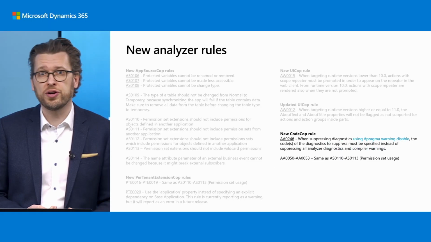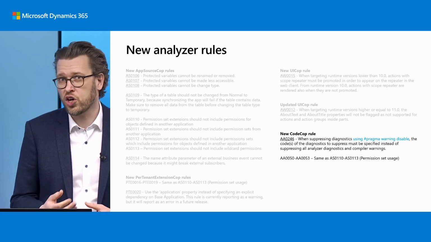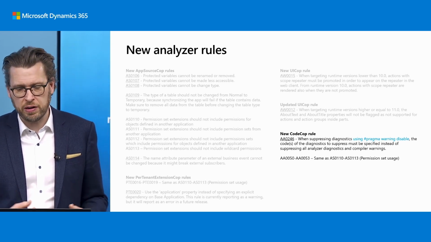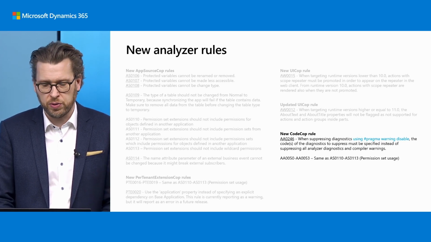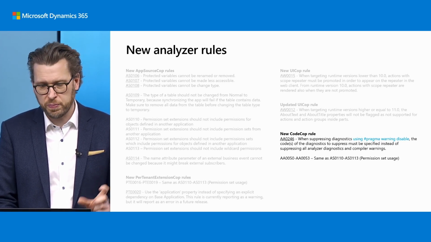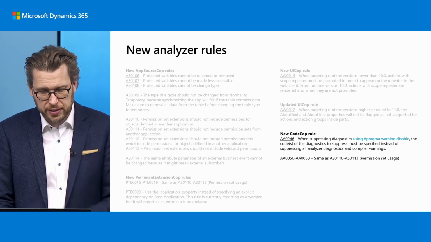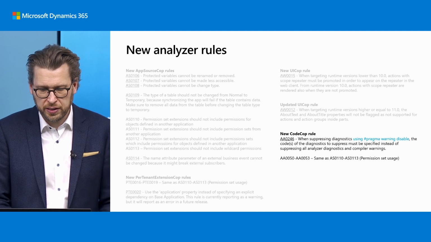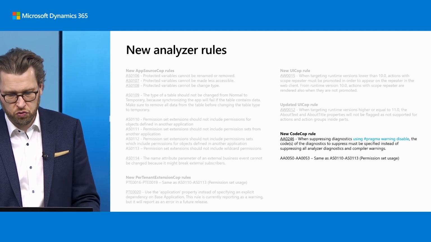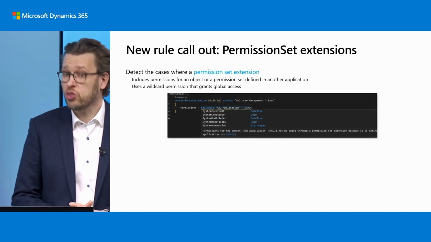We see, at least internally, that sometimes that's forgotten and then everything is disabled, and that's found out later. So we now have the option of enforcing that when you disable with the pragma, you have to specify these IDs explicitly. And then again, in CodeCop, just like for AppSource and for per-tenant extensions, we have the permission set extension rules. So let's talk about those.